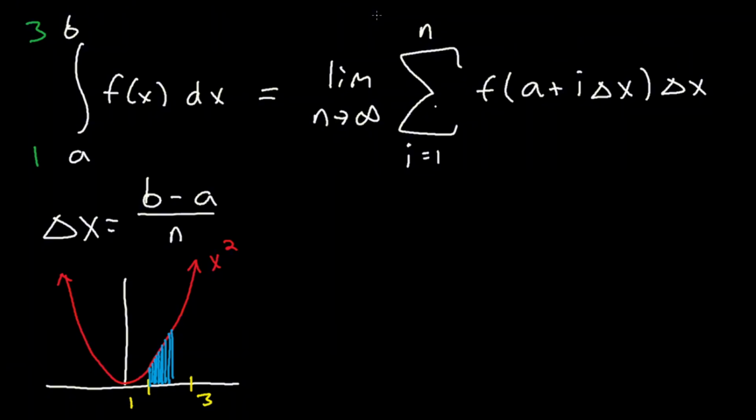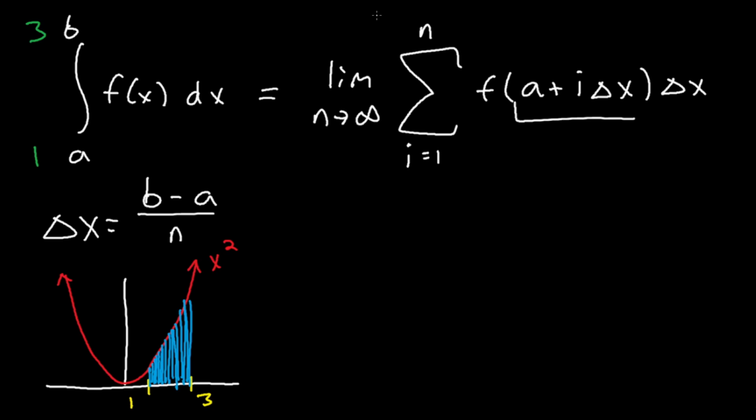And if we add those areas all together, we should get the exact area under the curve. And the reason why this sum approaches infinity is because, due to the fact that these rectangles are infinitely thin, we have to have an infinite amount of rectangles, or lines essentially, in order to fill up a two-dimensional space.